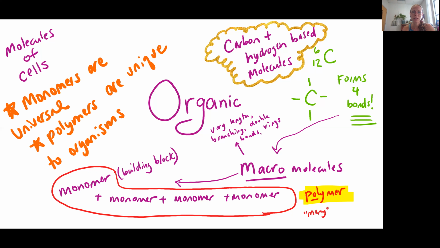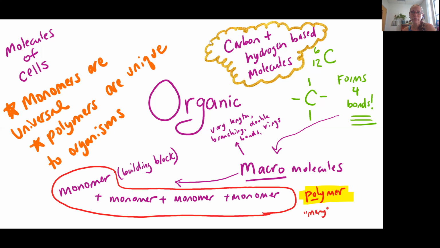Now, the interesting thing to note is that our monomers are universal. We'll see these in common in all cell types, whether you're in domain archaea, bacteria, or eukarya, whether you're in kingdom plantae or fungi or animalia, you'll see those same sets of monomers.